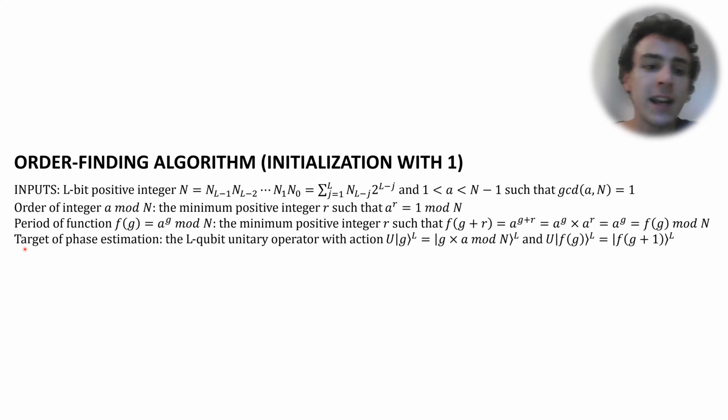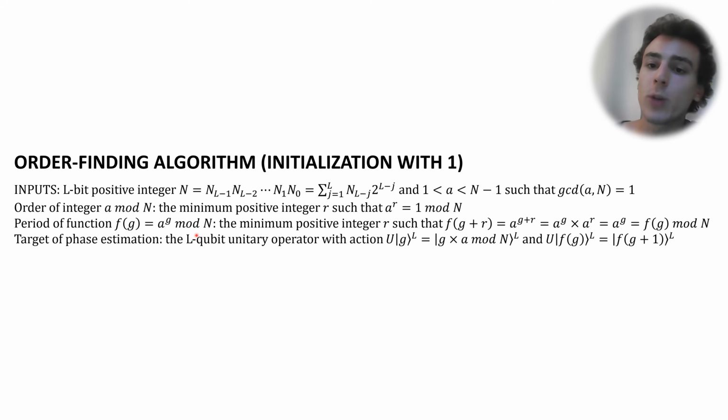Now let's define the period of a specific function over here. And this function is defined as a to the power of the input mod n. So again, we have a and n. These are the inputs to the algorithm, and we're using them to define a function called f. F is taking in an input, which we're calling g, and we're going to raise a to the power of g, and we're going to do that modulo n. So we're working with modular arithmetic.